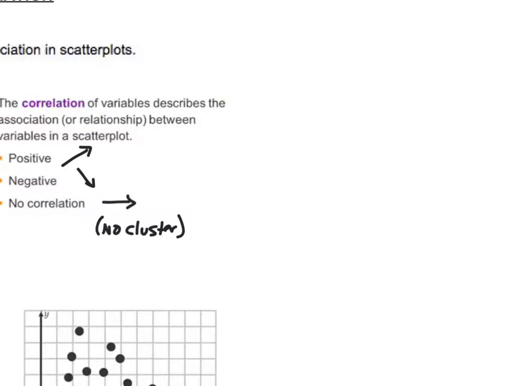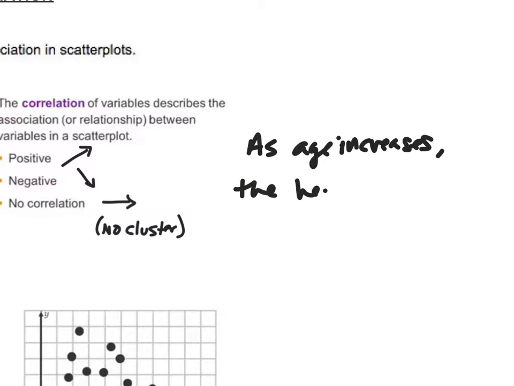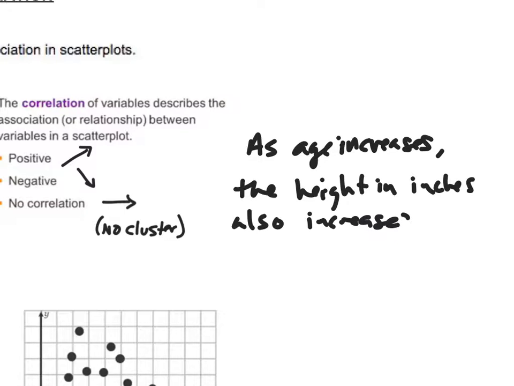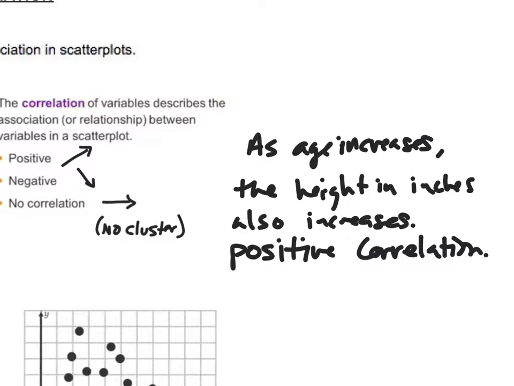In this table, as age increases, the height in inches also increases. All right, and so this is a positive correlation. And that's what we're working with.